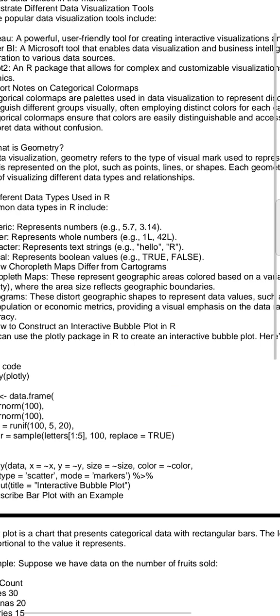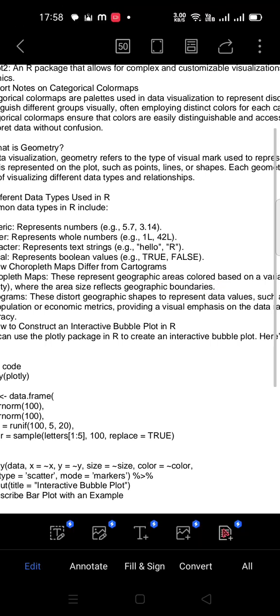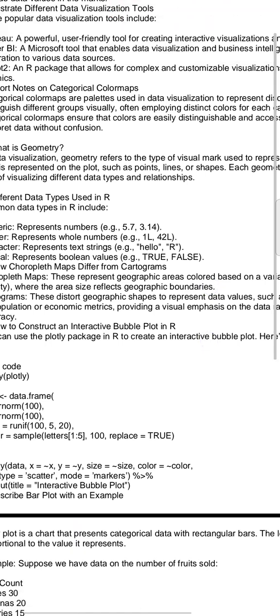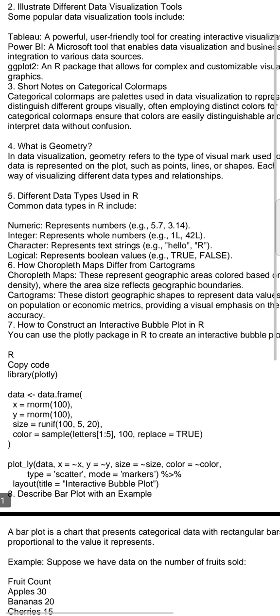They help to distinguish different groups visually, often employing distinct colors for each category. Effective categorical color maps ensure that colors are easily distinguishable and accessible, which helps viewers interpret data without confusion.